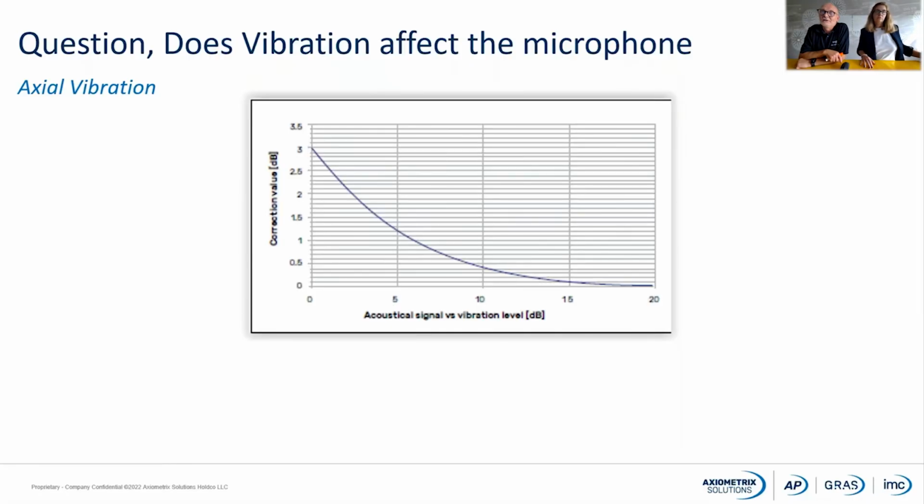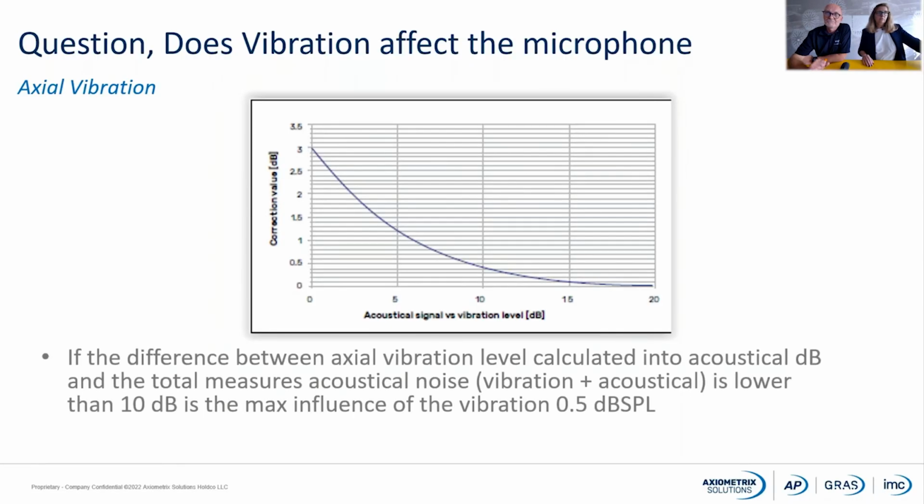In general, if the acoustical noise is 10 dB higher than the vibration noise, then your error will be in the neighborhood of 0.5 dB, as mentioned here on the graph.